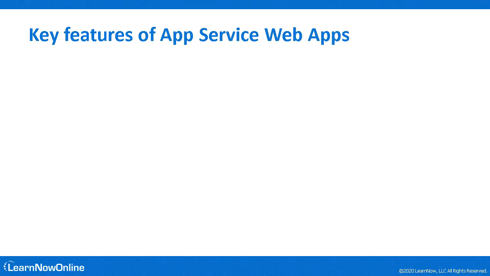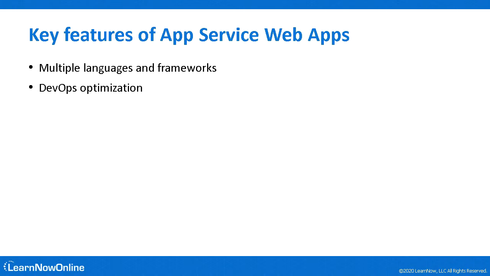Now if we focus on key features of Azure App Service, especially web apps, as we said, it's going to support multiple languages and frameworks. We can integrate this with Azure DevOps and other DevOps integrations. If your organization prefers DevOps, this is going to be the right choice. We have global scaling with high availability, which can give you almost a zero downtime guarantee from Microsoft.